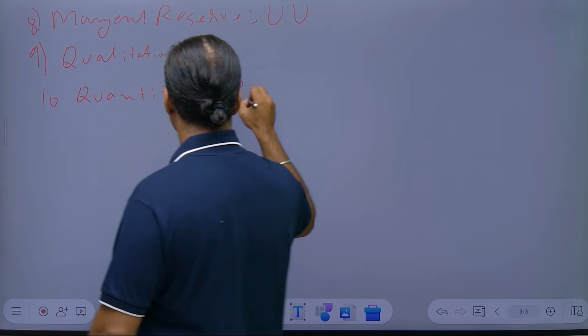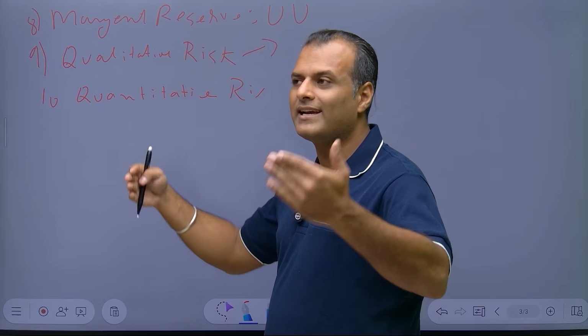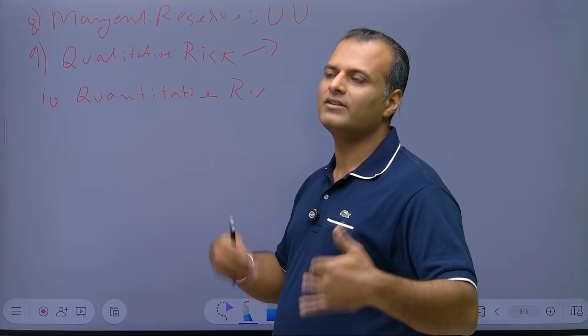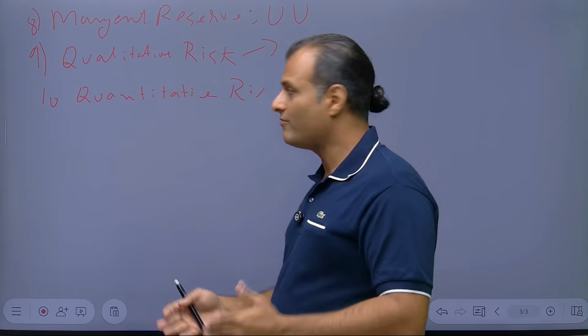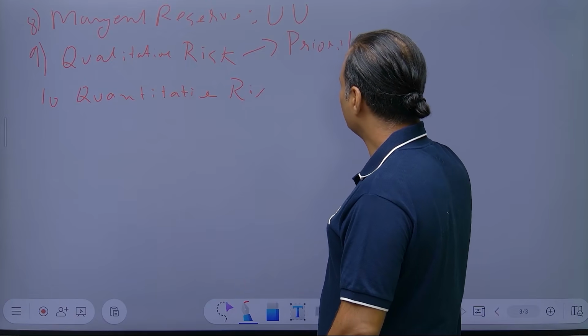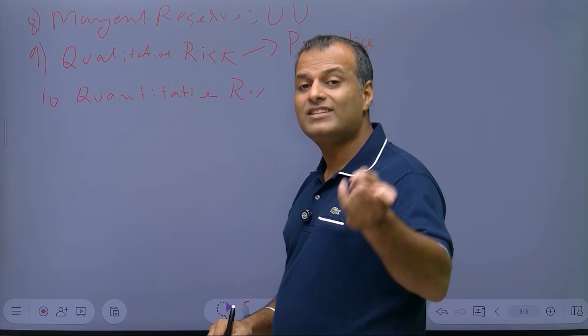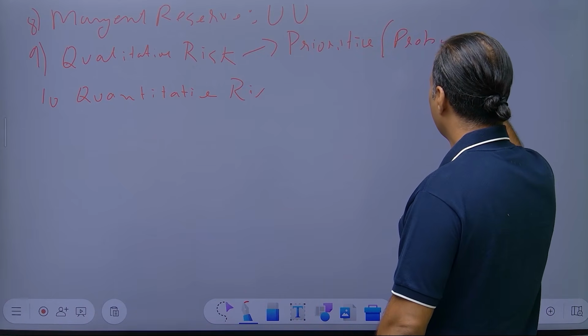So qualitative is prioritizing those risks which you have identified, like workers getting sick, workers getting injured, rain, right? All these are risks which you have identified. You will prioritize the risks based on probability and impact.